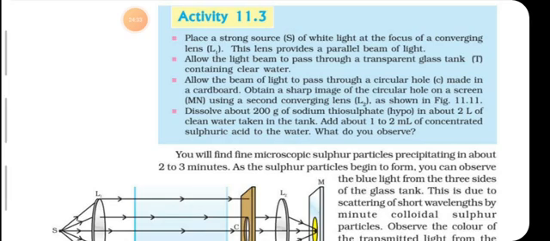Allow the beam of light to pass through a circular hole made in a cardboard. Obtain a sharp image of the circular hole on a screen using a second converging lens.